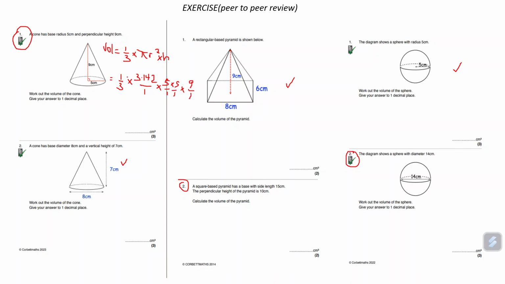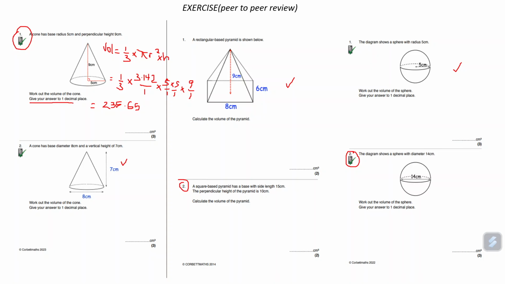Remember, this will be a calculator question. Once you put this in your calculator, you should have something like 235.65. So if you multiply 3.142 times 5 times 5 times 9 and divide by 3, you should get 235.65.